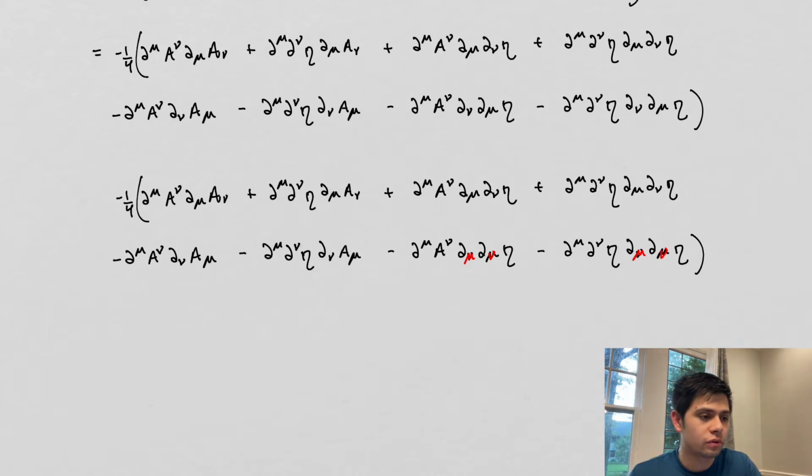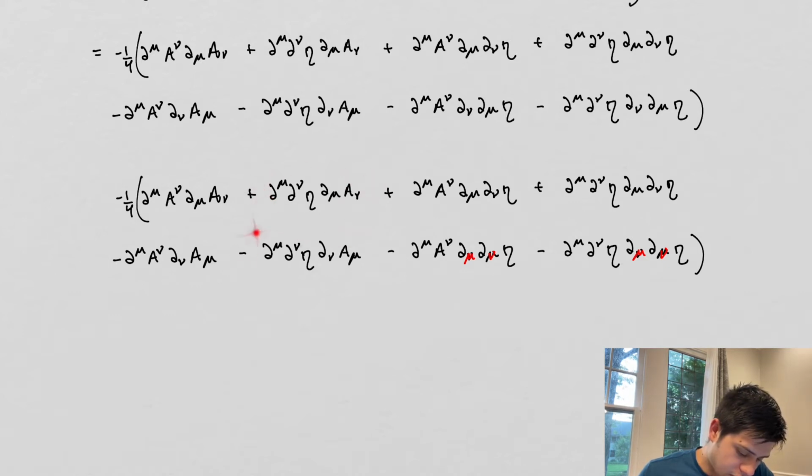So what we end up with is, well, we say that this here looks an awful lot like this. Right, so we can cancel those out. And then this here looks an awful lot like this.